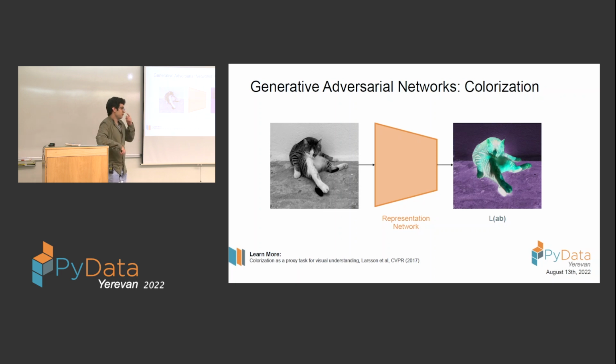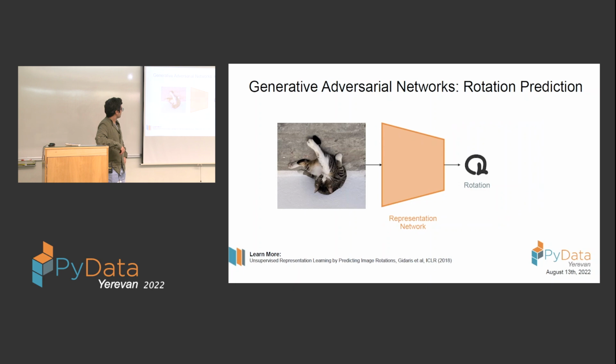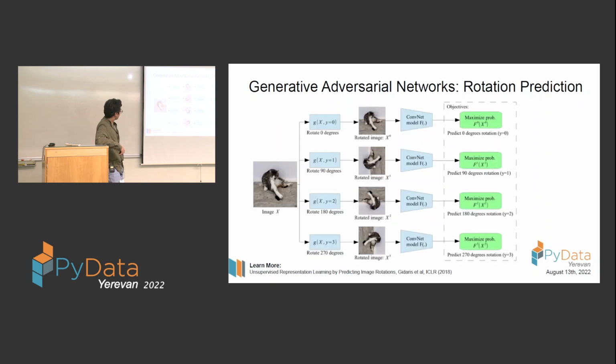Or you can do it somehow differently. You can have an input image, and the representation network can tell you what the rotation of this input image is. And the representation network is actually a really simple idea.